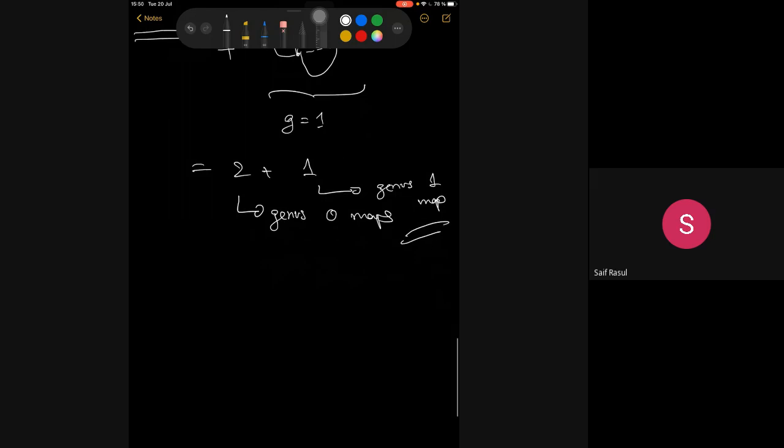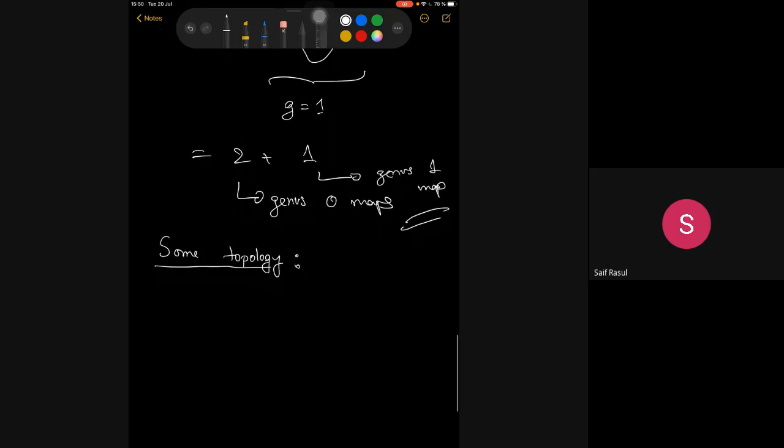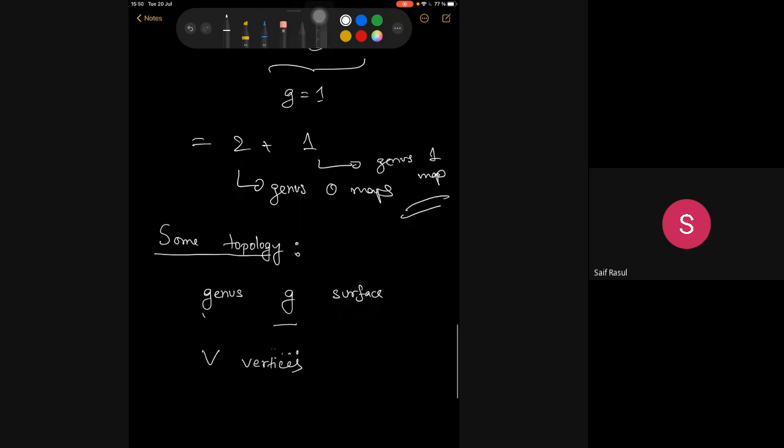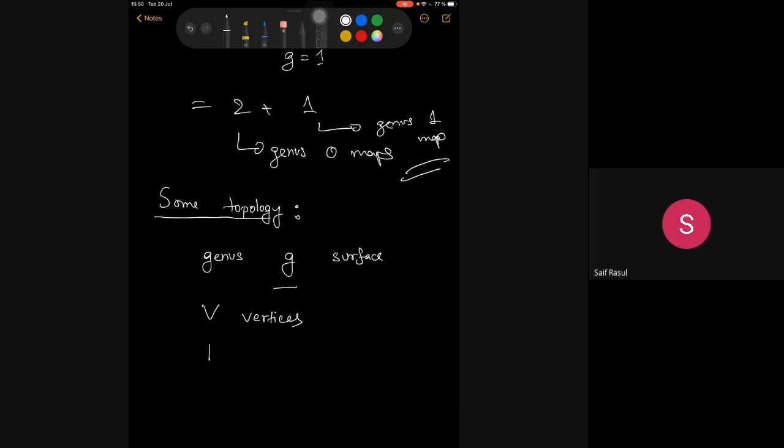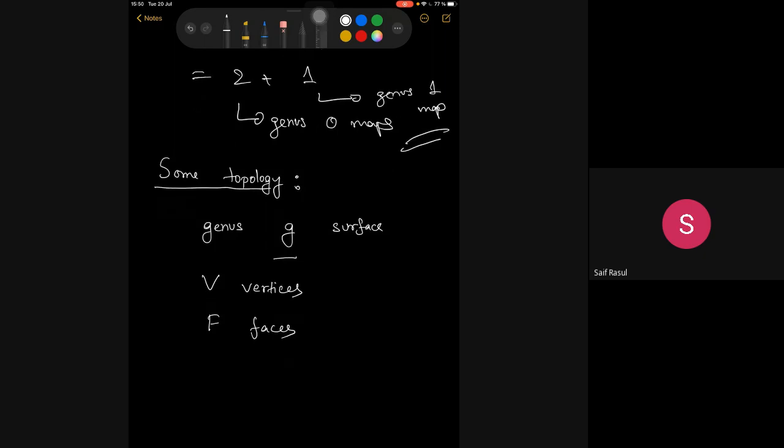Now let's move on to, let's do some topology. So let's say we have a genus G surface. It can be a mug, it can be a genus 2 surface, it can be a genus 3 surface. Let's say we label the genus by G, and let's say we have V vertices and F faces, and what else did I miss?